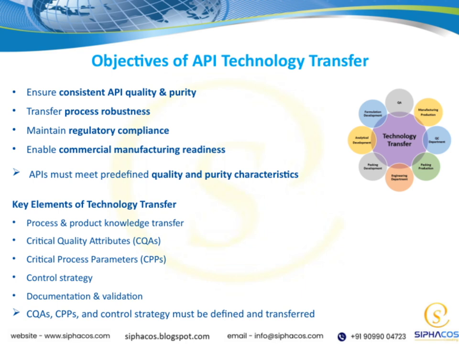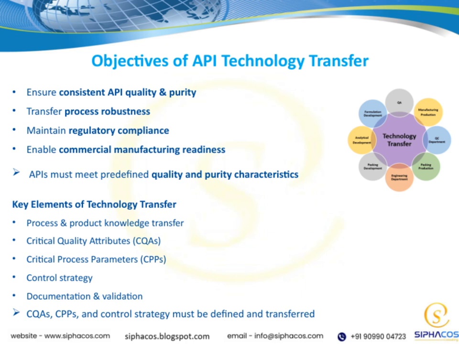We also need to make sure that all aspects of the transfer comply with regulatory standards, which is essential for approval and market access. Finally, a critical goal is enabling commercial manufacturing readiness. That means the process should be scalable and ready for large-scale production without compromising quality or efficiency.